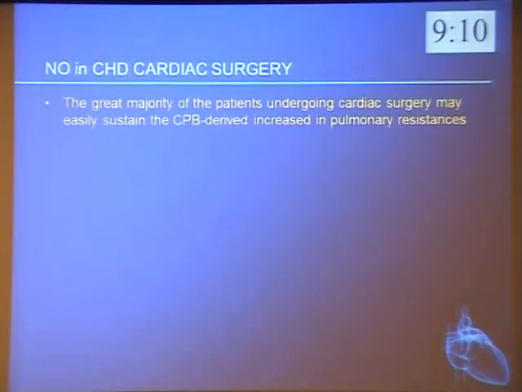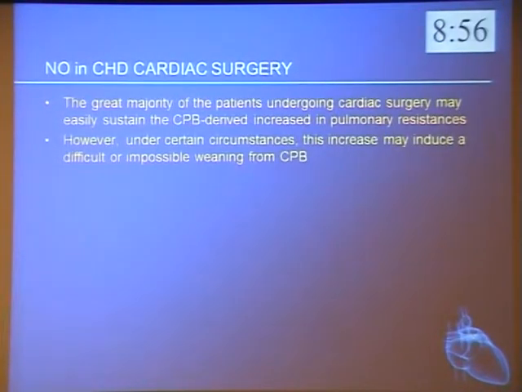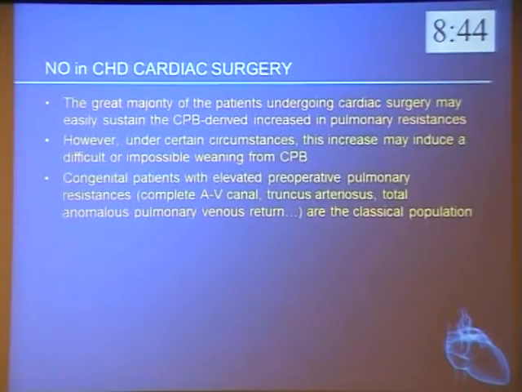We know that the great majority of the patients that go to cardiac surgery may easily sustain CPB, cardiopulmonary bypass, driven increased pulmonary resistance. But there are many patients that suffer from this increase in pulmonary vascular resistance, and sometimes it's impossible to wean from cardiopulmonary bypass.